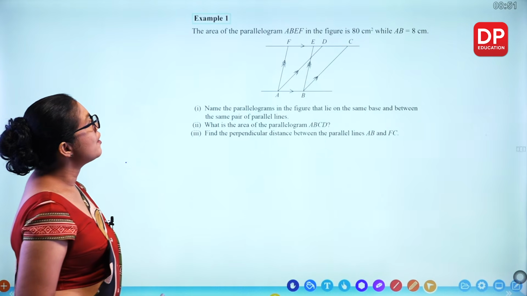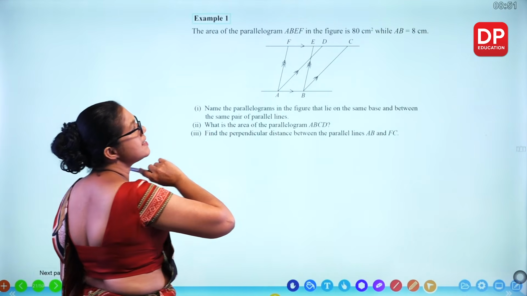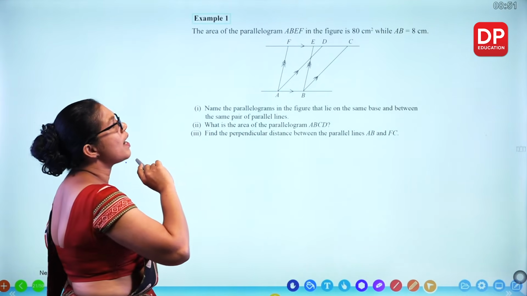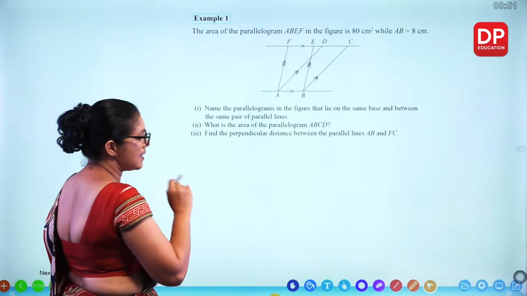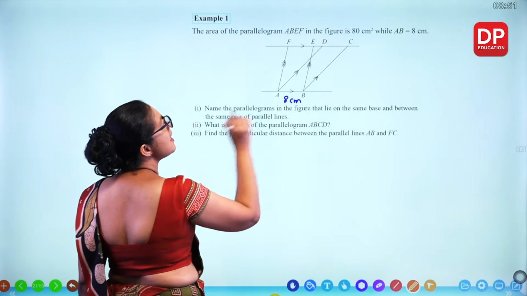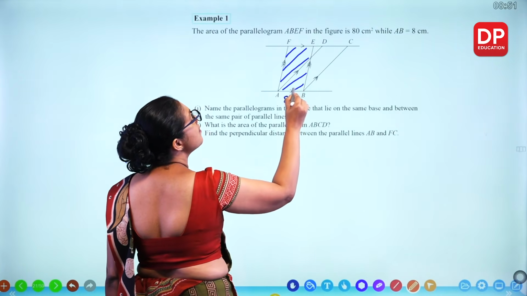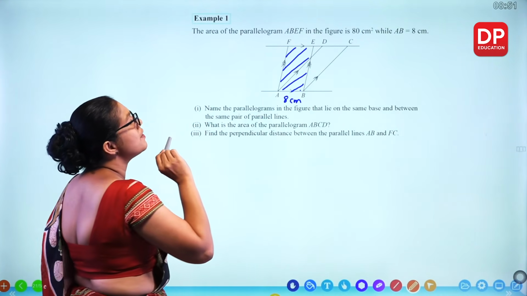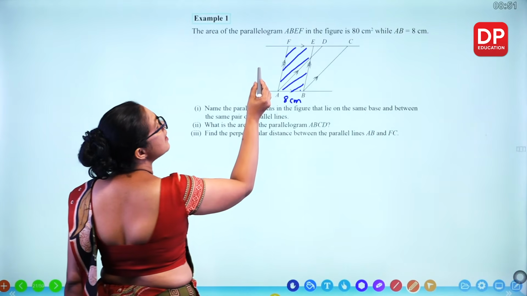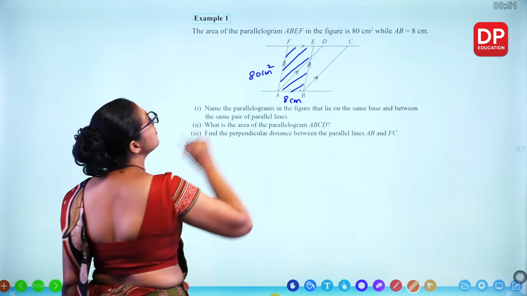The area of the parallelogram ABEF in the figure is 80 square centimeters, while AB is 8 centimeters. So this is given, 8 centimeters as AB, and the area of this parallelogram is given, 80 square centimeters.